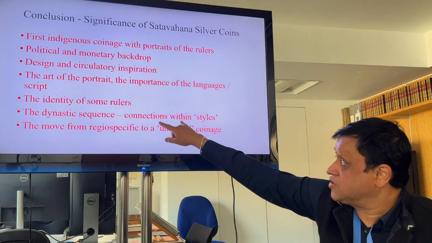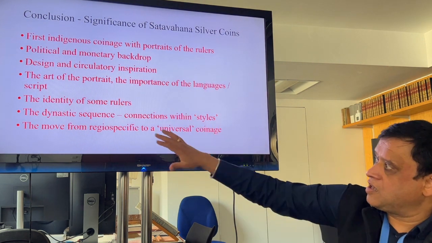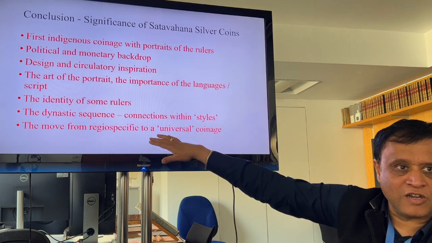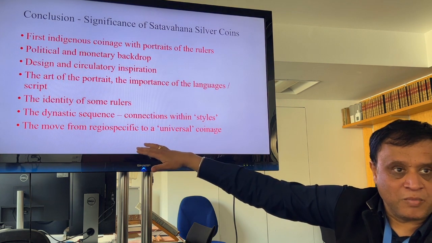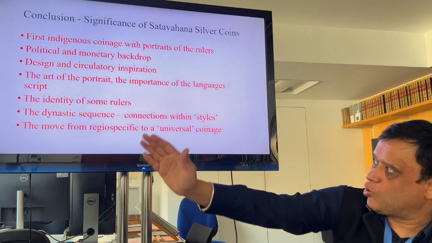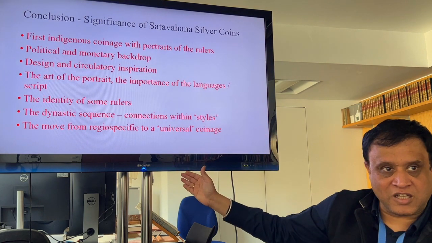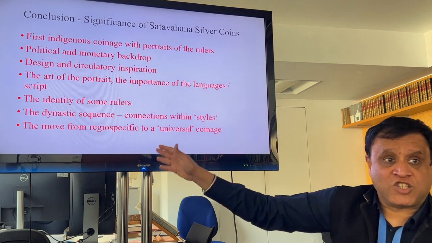The connections within styles that I mentioned, the overlaps of hands, give us an insight into the dynastic sequence. Because, for example, all the coins between Gautamiputra Sri Satakarni's reign and Gautamiputra Sri Yajna Satakarni's reign are all Vasishtiputras.